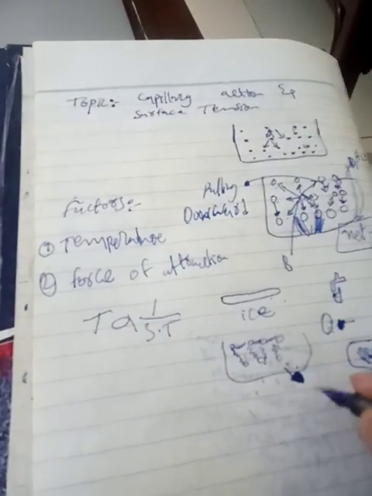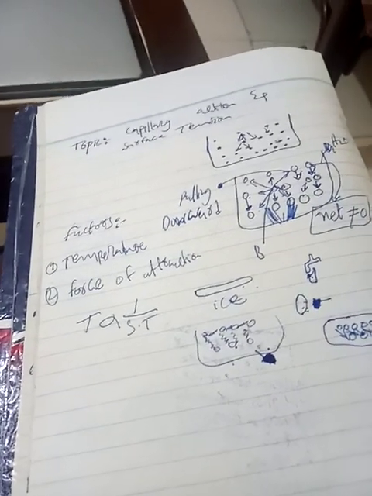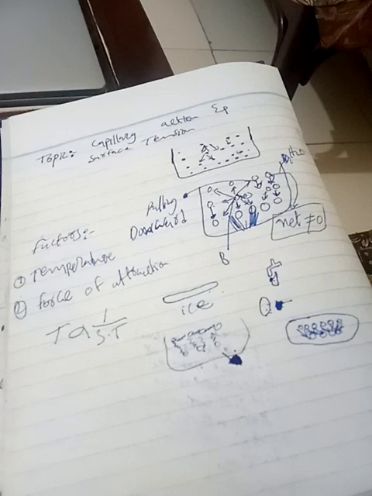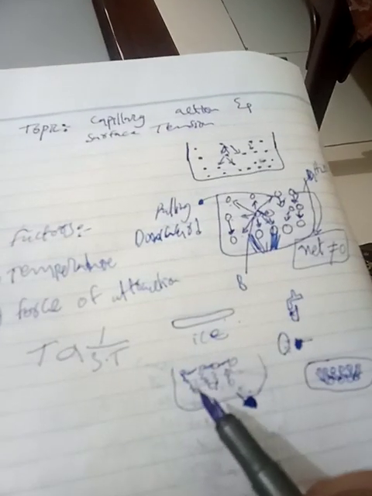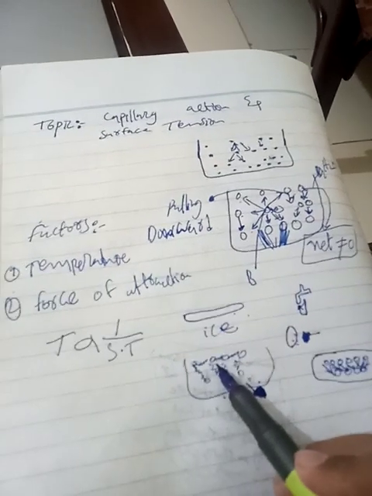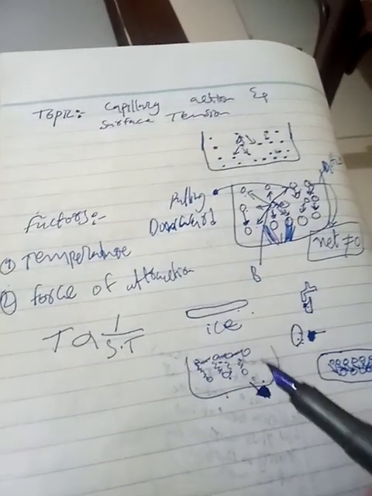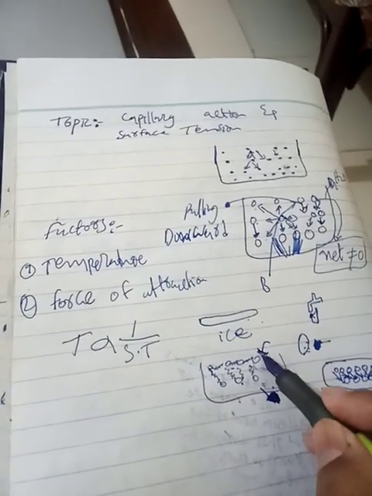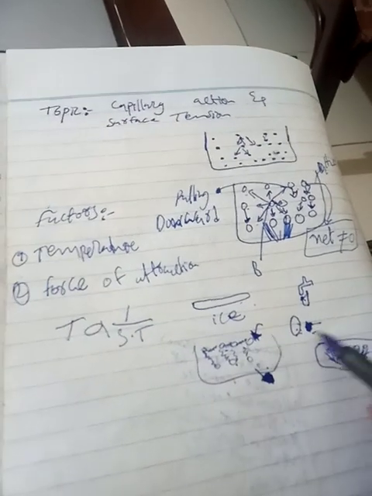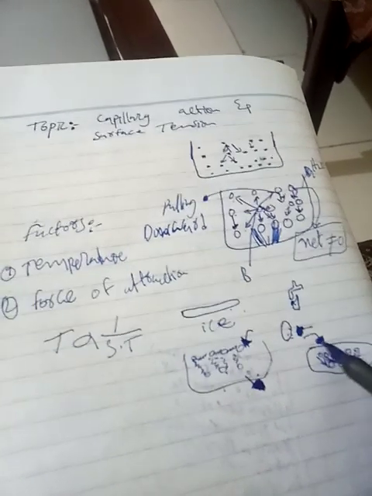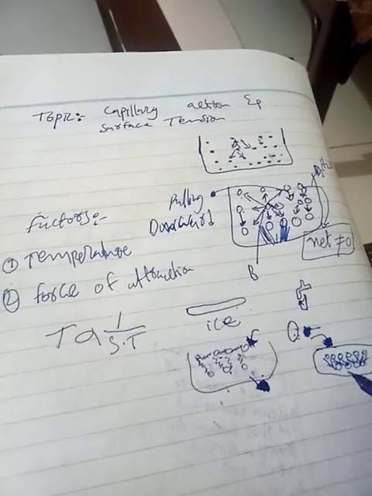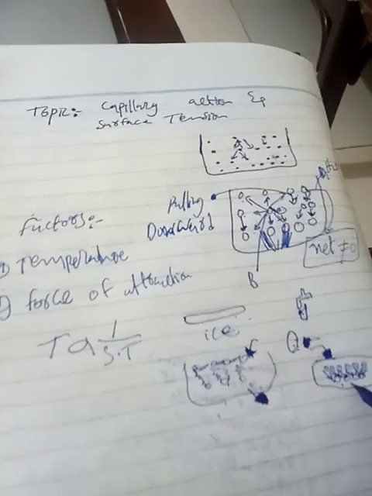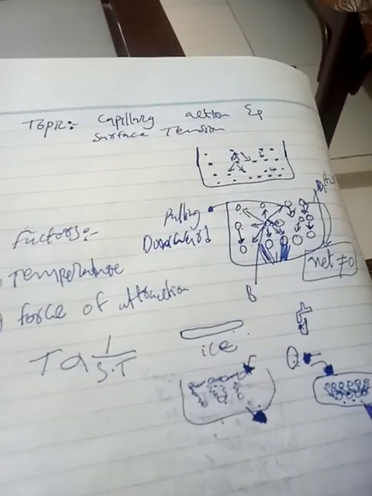The reason behind it is that when we increase the temperature, one more thing also increases, that is kinetic energy. So when kinetic energy increases, it means two things are acting on a single substance. Here we have less kinetic energy but more surface tension, more pulling downward of particles.